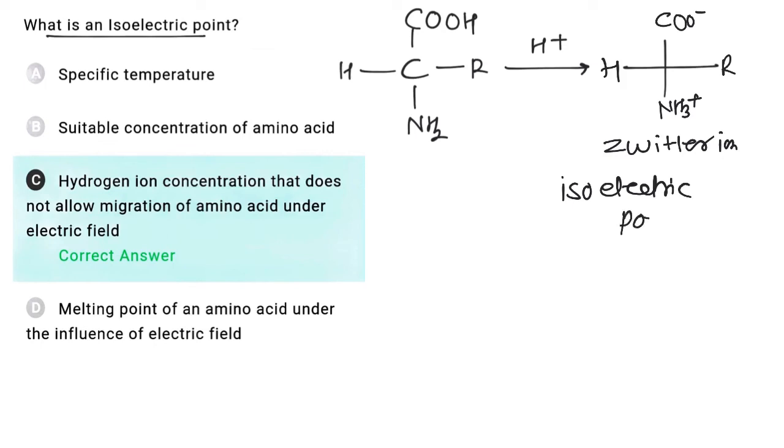At the isoelectric point, this amino acid will move neither towards the anode nor the cathode. So isoelectric point is the pH or hydrogen ion concentration that does not allow migration of amino acid under an electric field, and hence the correct answer is C.